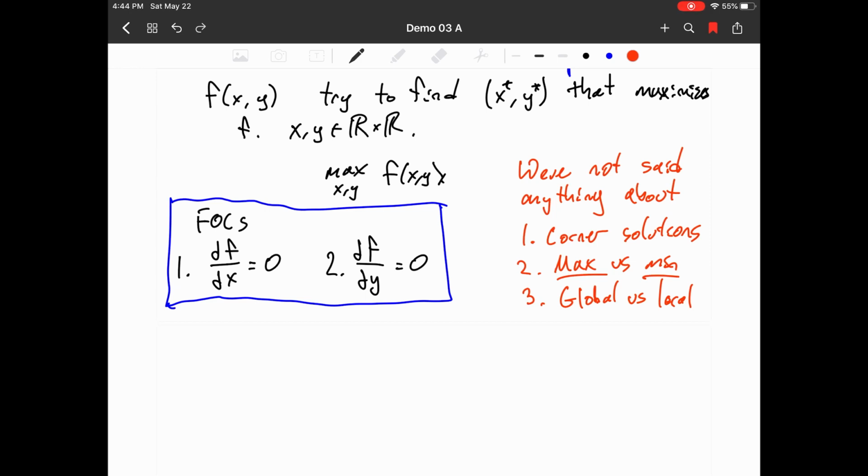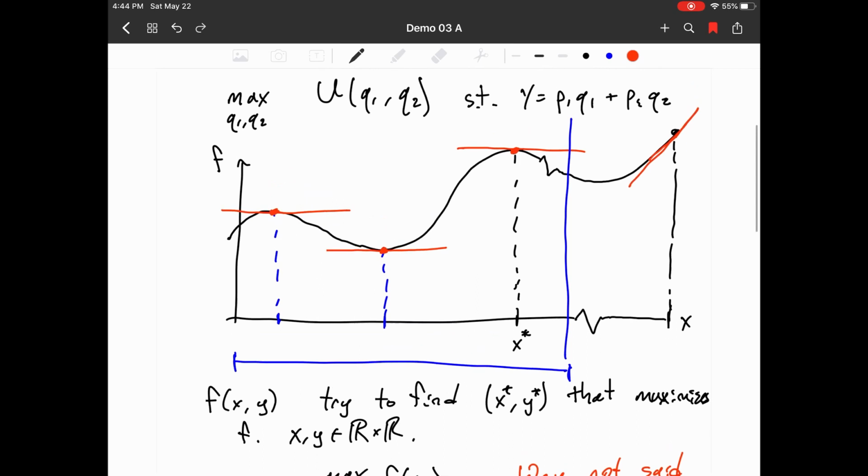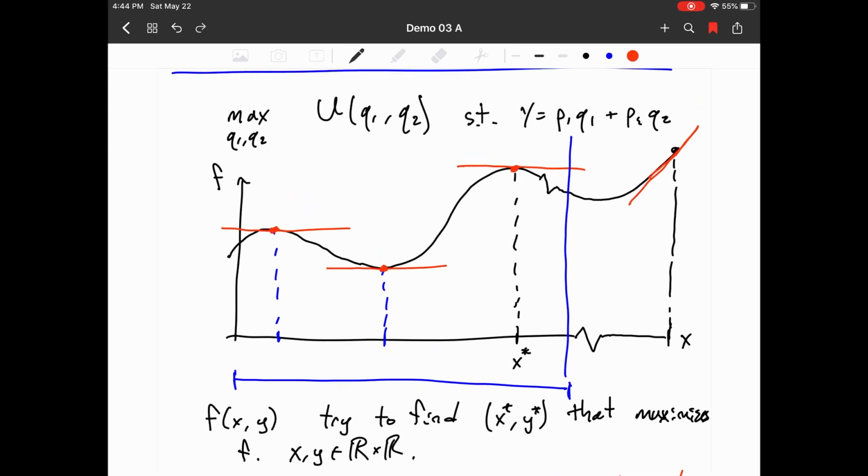Sometimes global versus local will matter, but a lot of the times the functions we're working with don't have this type of shape where they have multiple extreme points, which in this case we have 3. Typically, they're just going to have 1.